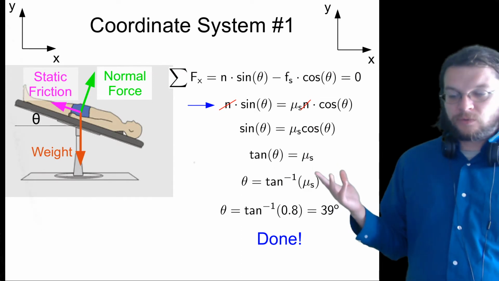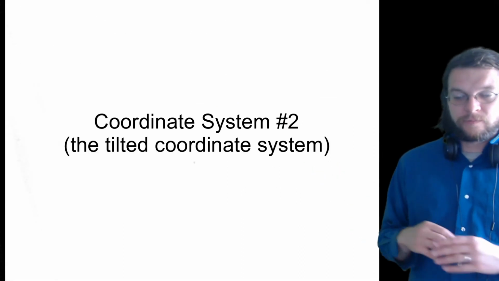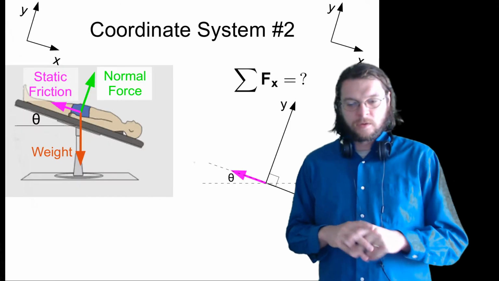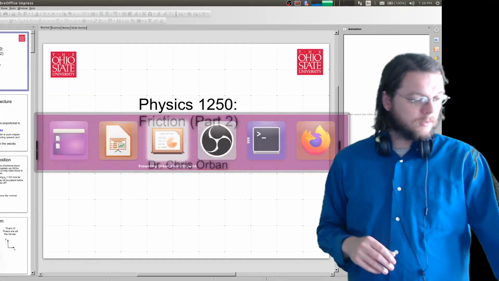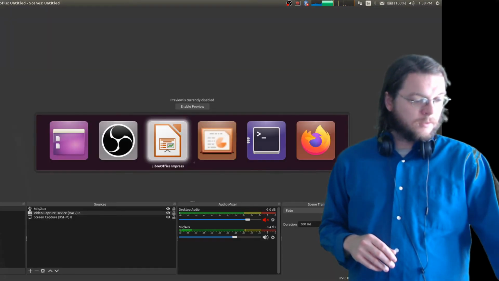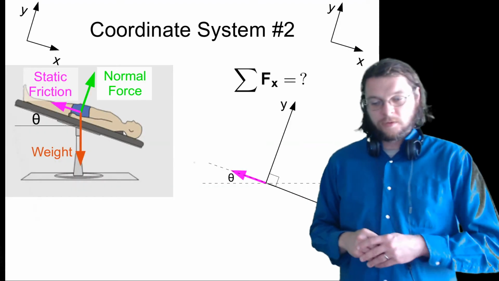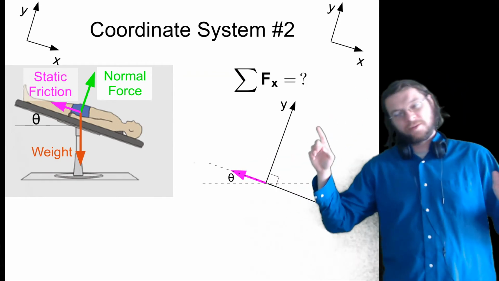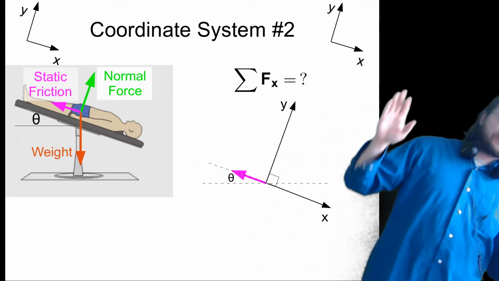Okay, so that's how you would figure this out with the first coordinate system. Let's do it with the tilted coordinate system. So let me just double check that I'm still recording here. Yep. All right. So in the tilted coordinate system now, just tilt your head to the side.